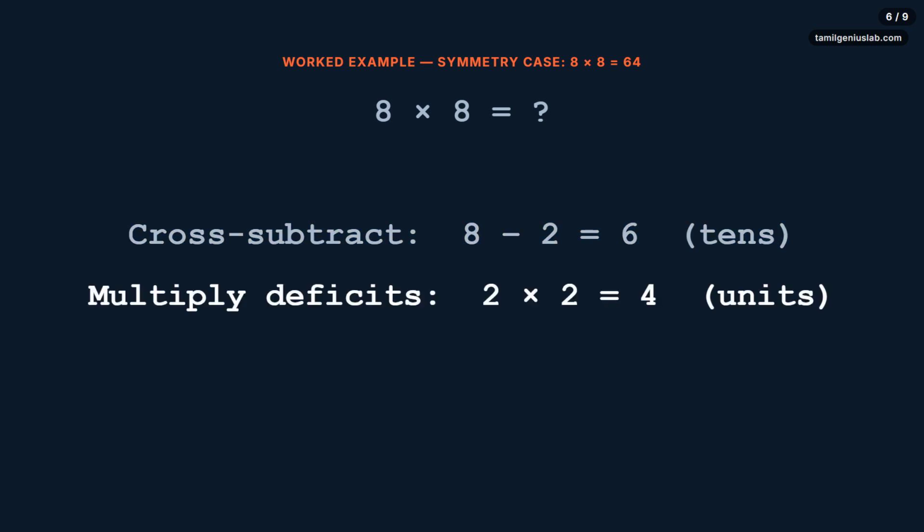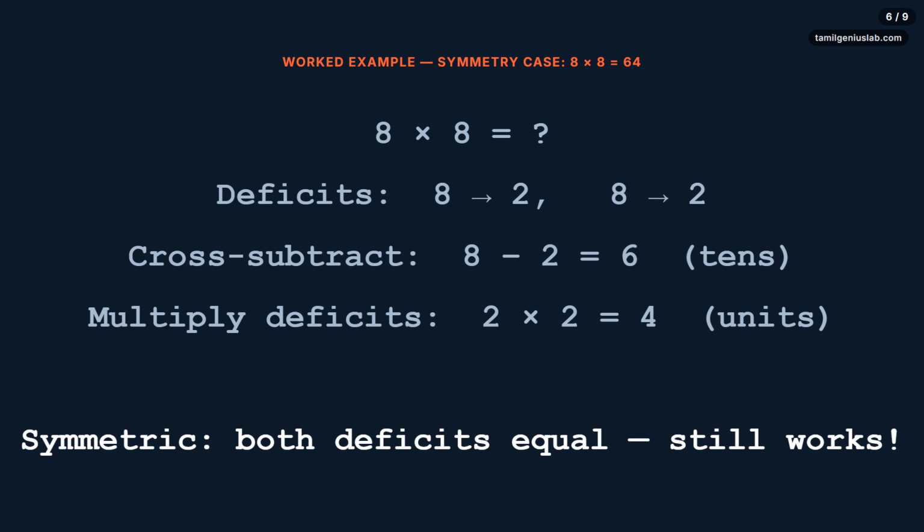Step 2. Multiply the deficits. 2 times 2 is 4. Units digit, 4. Read it, 6, 4. 64. Yes. Works even when both numbers are identical, because the cross-subtract is symmetric.